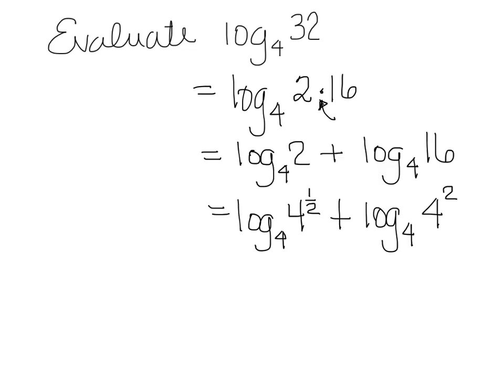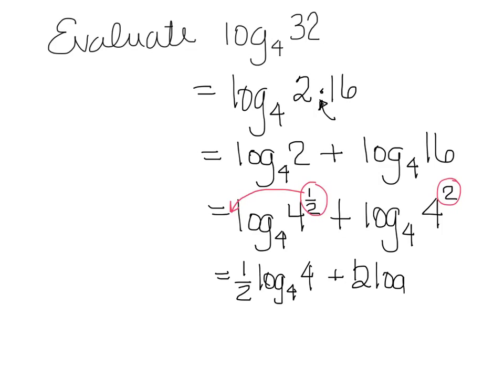Now I'm going to use that rule with the exponents, and that means whatever I have as an exponent can come down in front as a multiplier. So that 1/2 comes down in the front, 1/2 log base 4 of 4 plus, this exponent comes down as a factor in the front, multiplies log base 4 of 4.